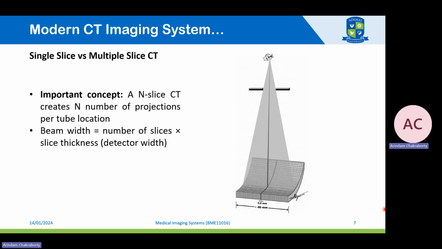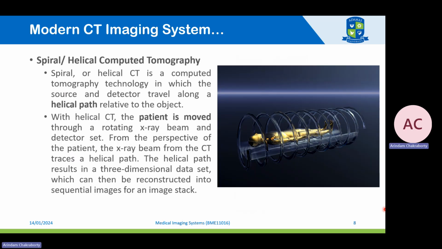One needs to remember this. And now another very important one is something known as spiral computed tomography, sometimes also known as helical computed tomography. We can call it a fifth or sixth generation computed tomography if we continue along the generations that I discussed in the last lecture.